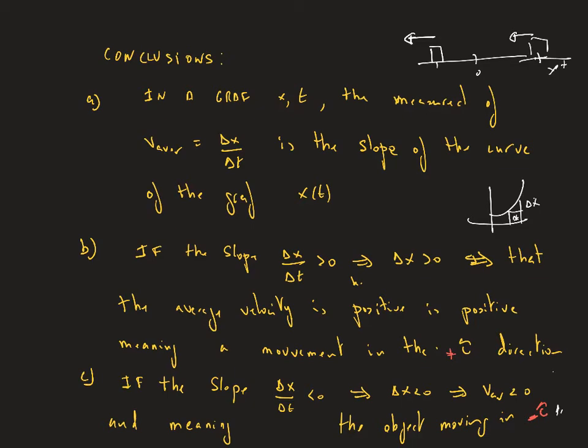This is the positive, this is i, so it's moving in the minus i direction. If the slope is positive, it's because the object is moving to the right. Even if it's here or wherever, it is moving to the right. So this is v, delta x by delta t positive. Okay, I hope you catch it.